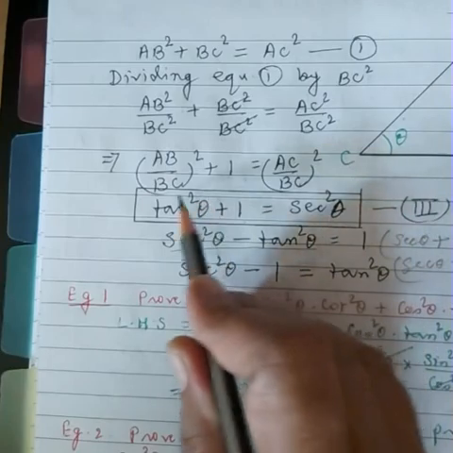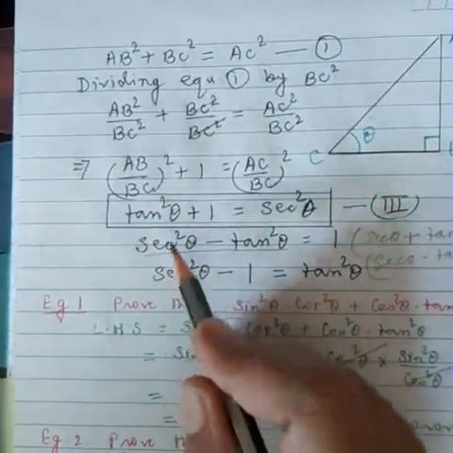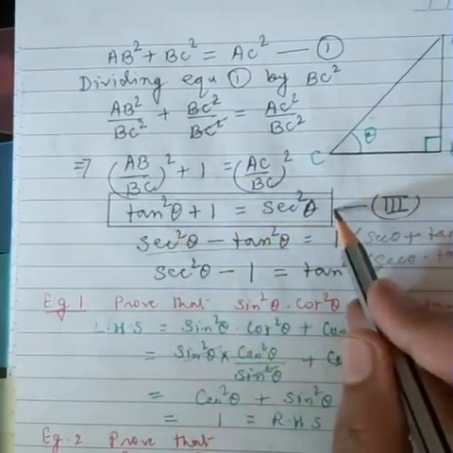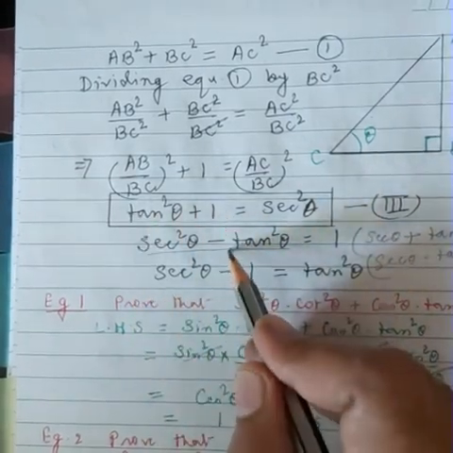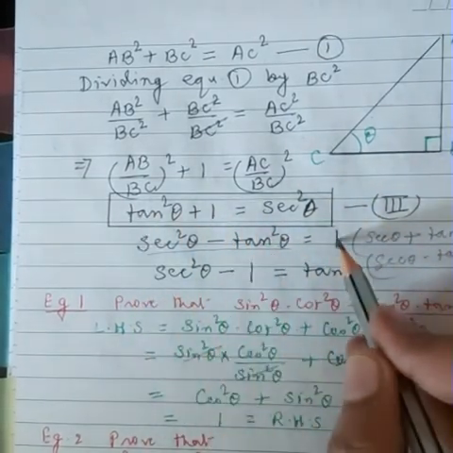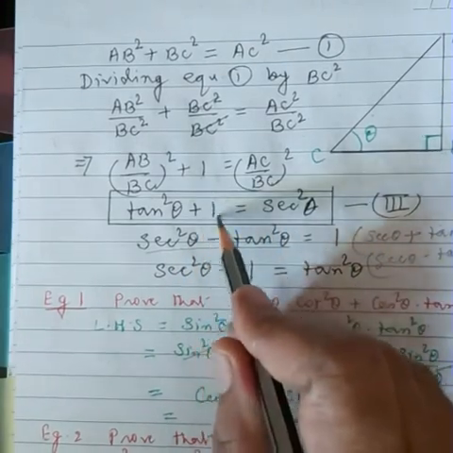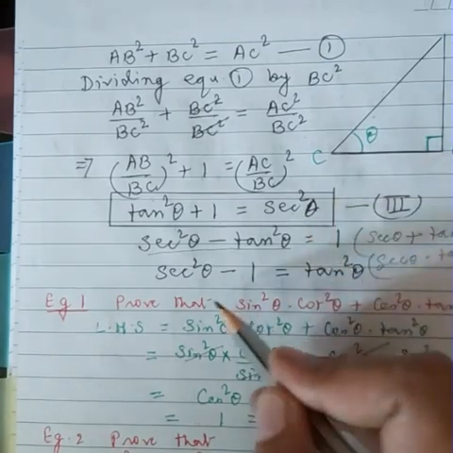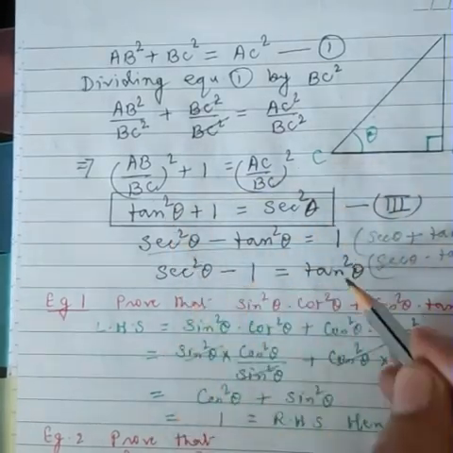Now using this identity only, transpose tan square theta to the right hand side. So sec square theta, this plus will become minus tan square theta is equal to 1. Similarly, sec square theta, this plus 1 transpose to this side. So sec square theta minus 1 is equal to tan square theta.